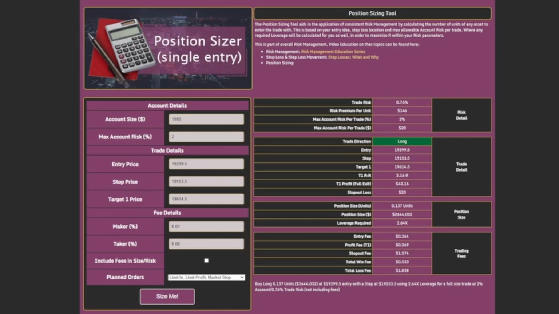You can see that on this small account where your max risk is 2% and your max account risk per trade then is $20. The total loss fee that gets added by using 2.64x leverage, which is a fairly small amount, is $1.83, nearly $1.84, which again doesn't sound much, but when your maximum loss is $20, you've added nearly 10% there to your potential loss on the trade.